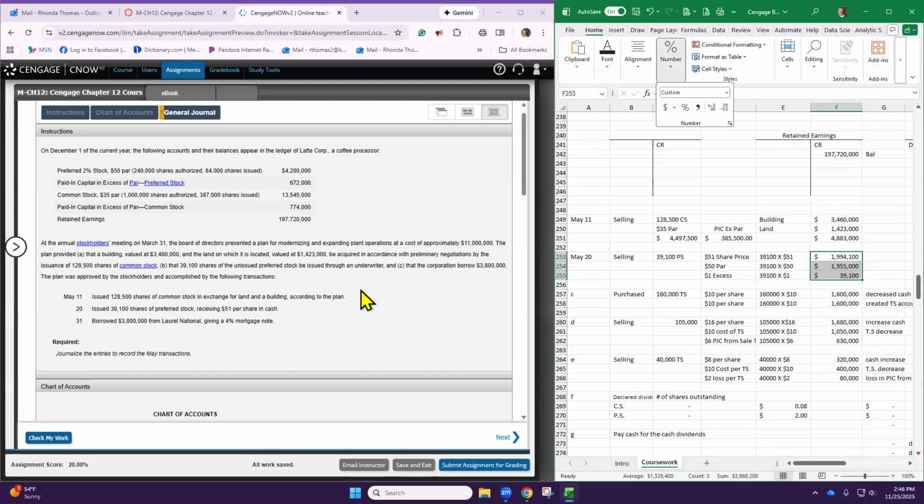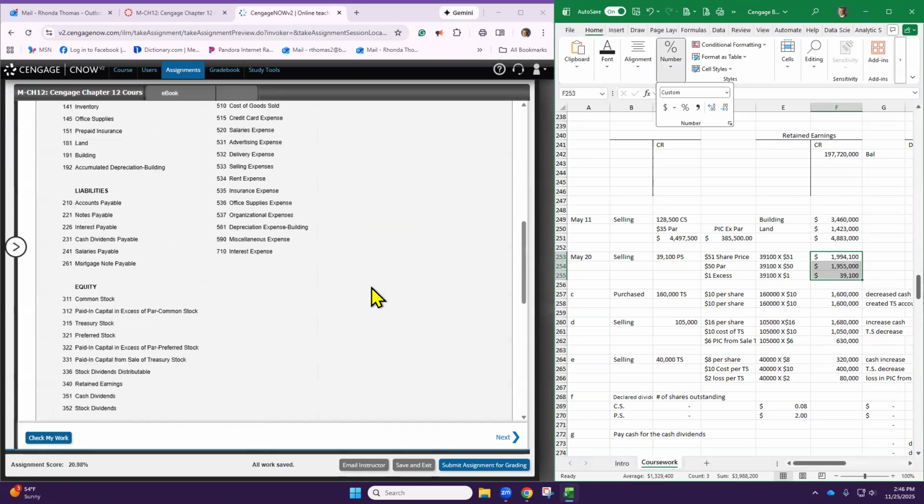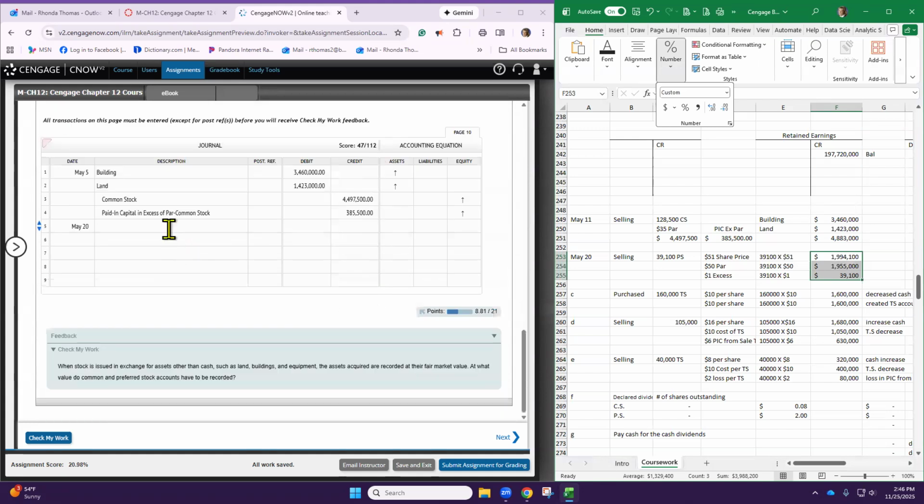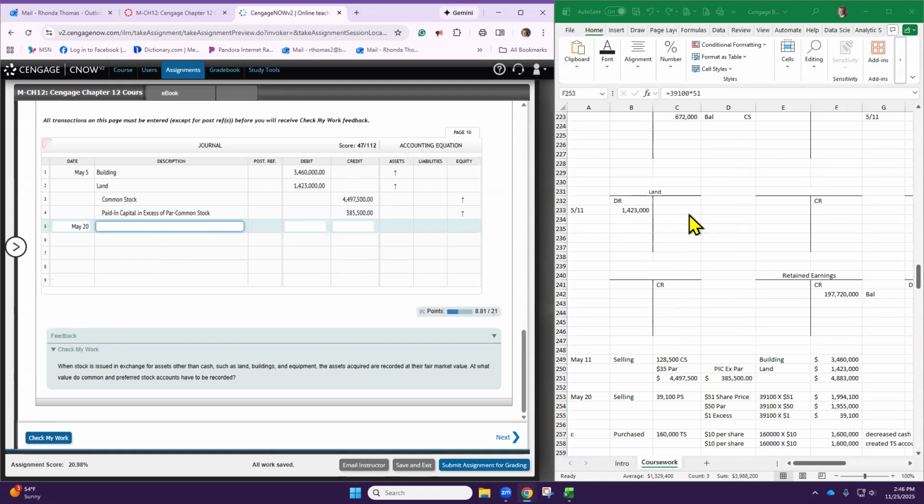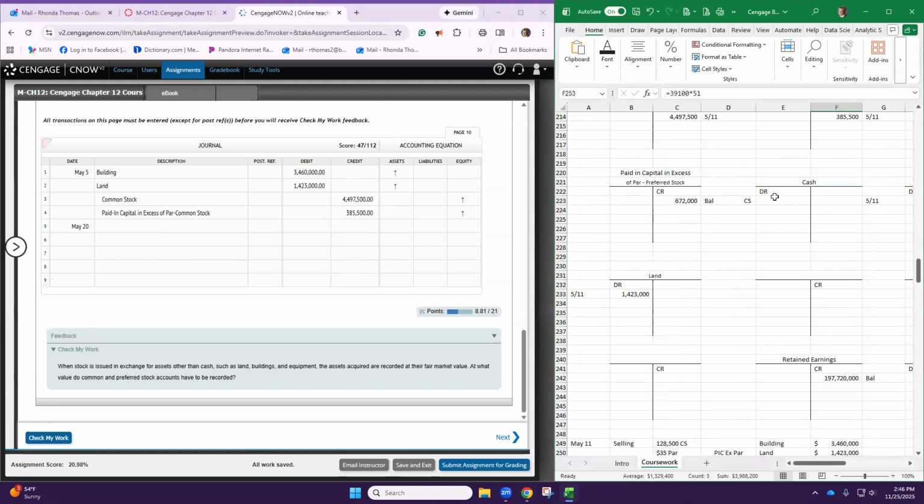So all right, let's go ahead and put in May 20th. So what are we getting? We're getting cash. So I've got the cash amount, and this is preferred stock. This is 5-20.